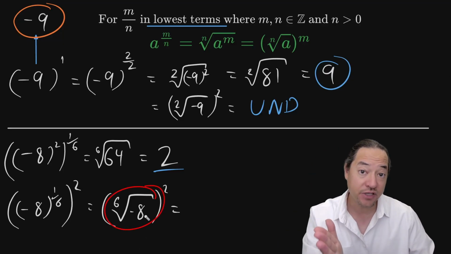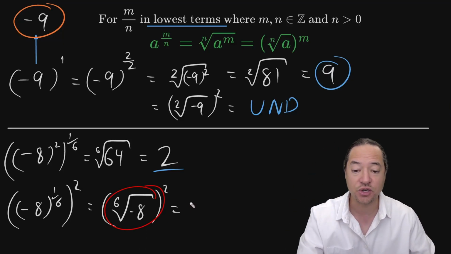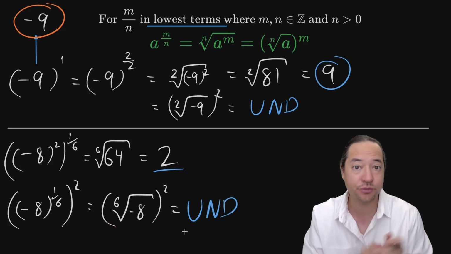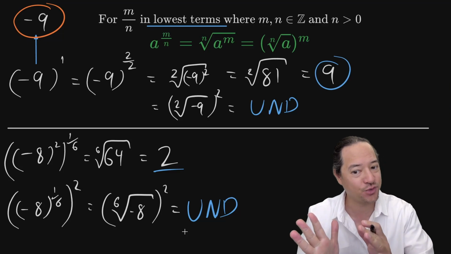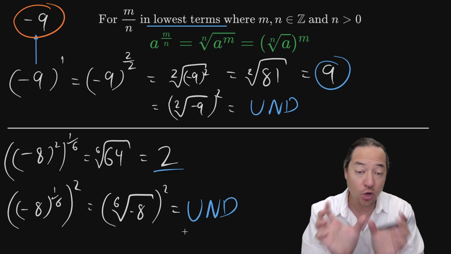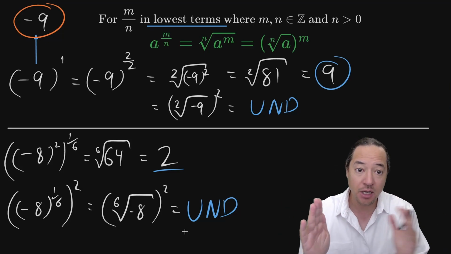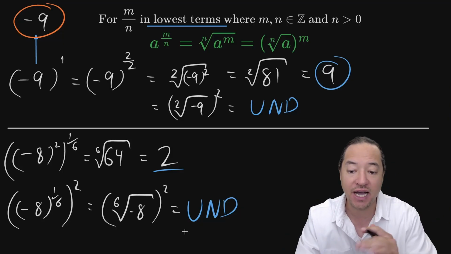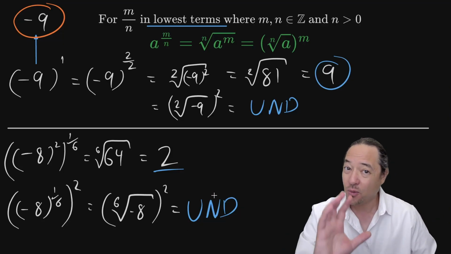This is now an even root of a negative number, which is going to be undefined, right? I can't take the square root of negative 8. I can't take the 4th root of negative 8. I can't take the 6th root of negative 8. There's no way to multiply an even number of some number and get a negative number out, right? So that's undefined.